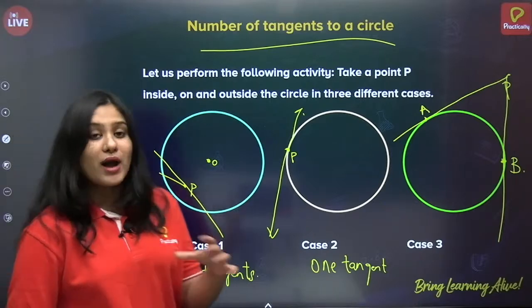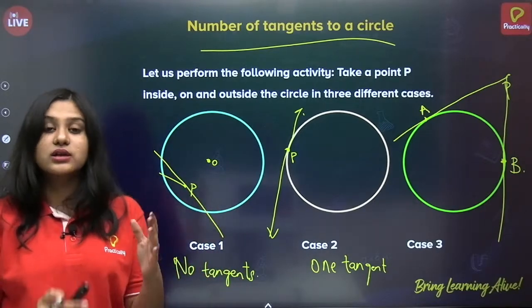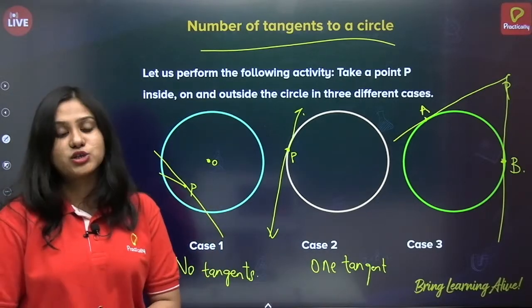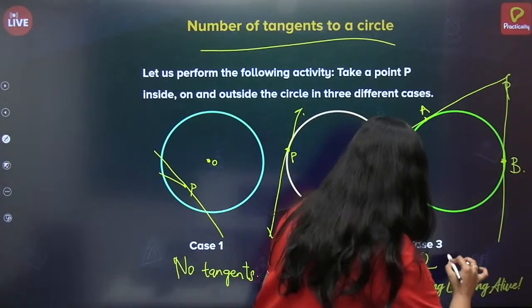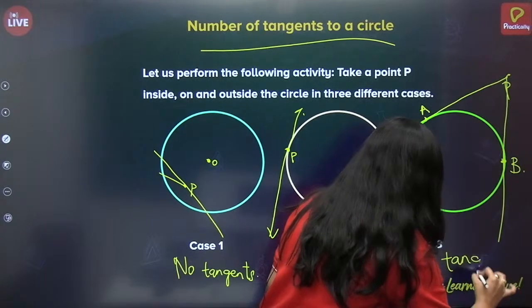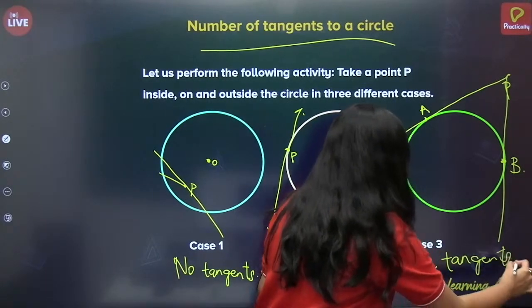So when a point lies outside the circle, you can draw 2 tangents from that point to the circle.